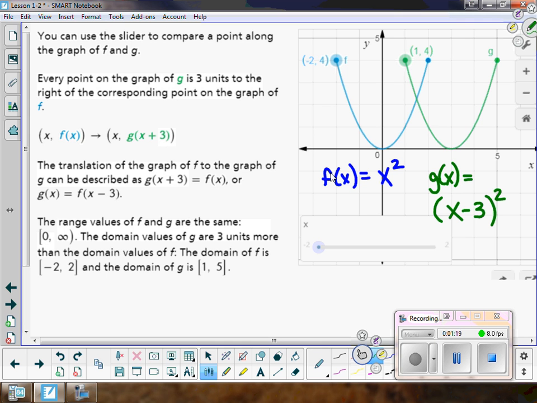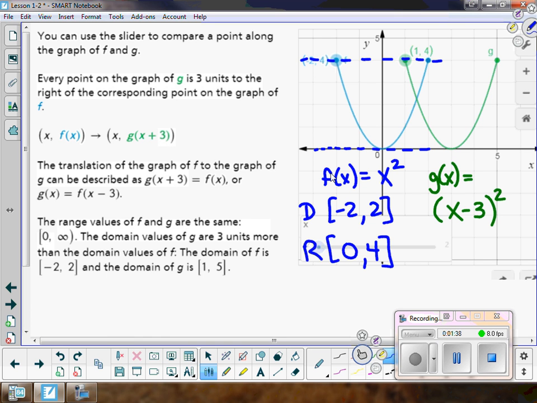So let's take a look at domain and range. Again, for the original, the domain went from -2 to +2, and the range went from 0 to 4. Sort of you got the bottom there being 0, the top being a maximum of 4. I found a mistake in the book here.